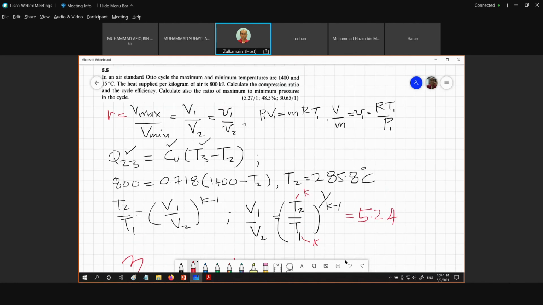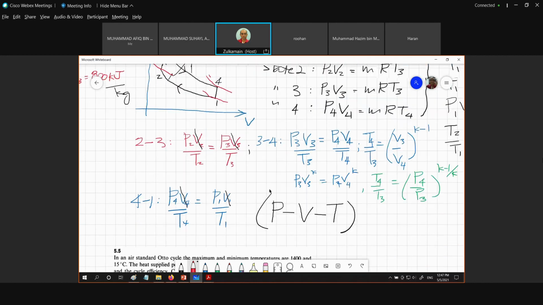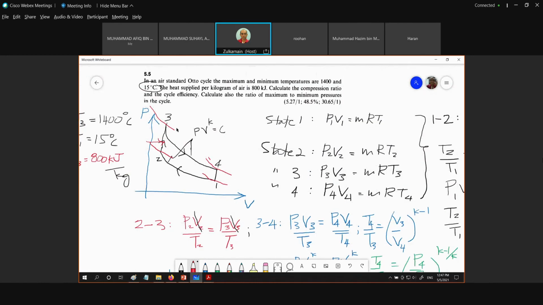And the next one is to get the maximum to minimum pressure. So what is our maximum pressure? P3. Okay, the maximum pressure is P3, and the minimum pressure is P1. So you need to get P3 and P1.